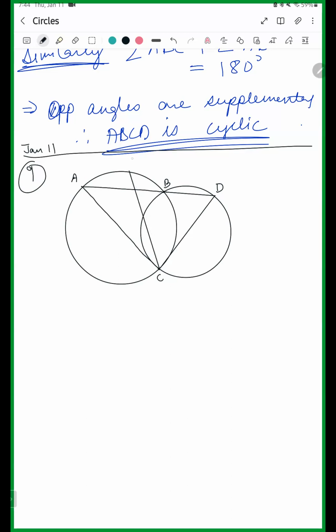This point here is P. Then they have made a Q. This PBQ is going like this. Q, and here we have joined it with C. Okay, plenty of line segments.